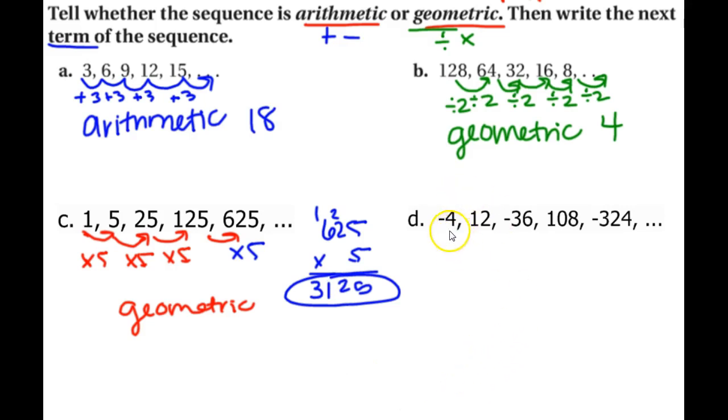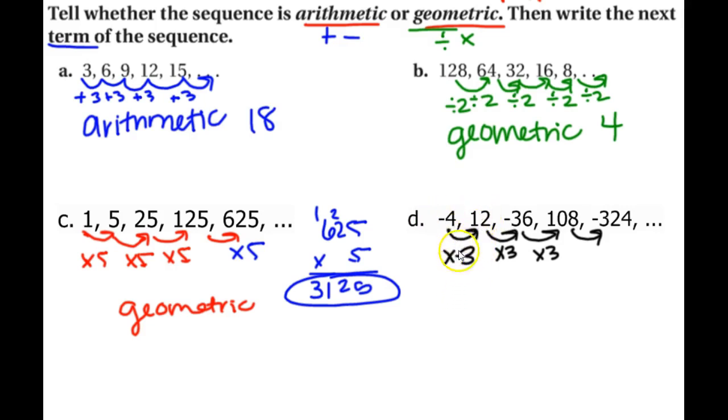Alright, last one. From 4 to negative 12 to 36 to negative 108 to 324. So just looking at the numbers, not the negative, positive signs, from 4 to 12, we're multiplying by 3. 12 to 36, that works to multiply by 3. It works all the way across. But from 4 to negative 12, we'd have to multiply by a negative 3.